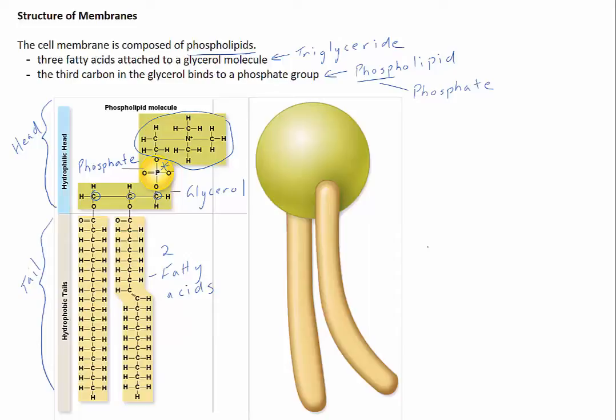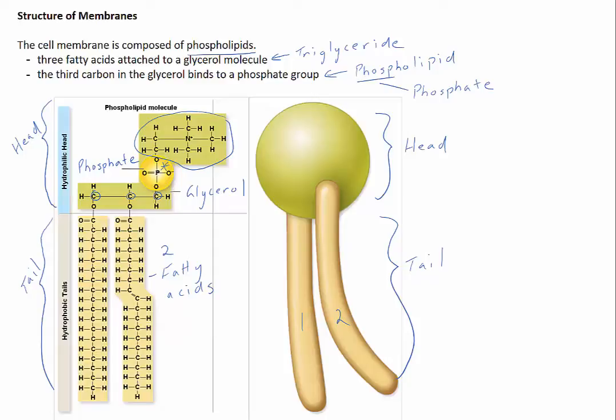The most common way this molecule is represented is in an image like this one over here, where the green is your head of the molecule, and the 1, 2 fatty acids is your tail. And this is the way you'll find it represented in most textbooks.